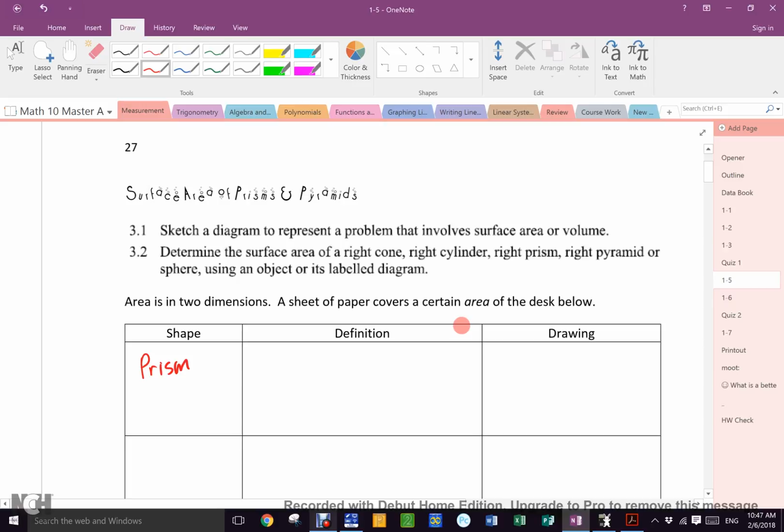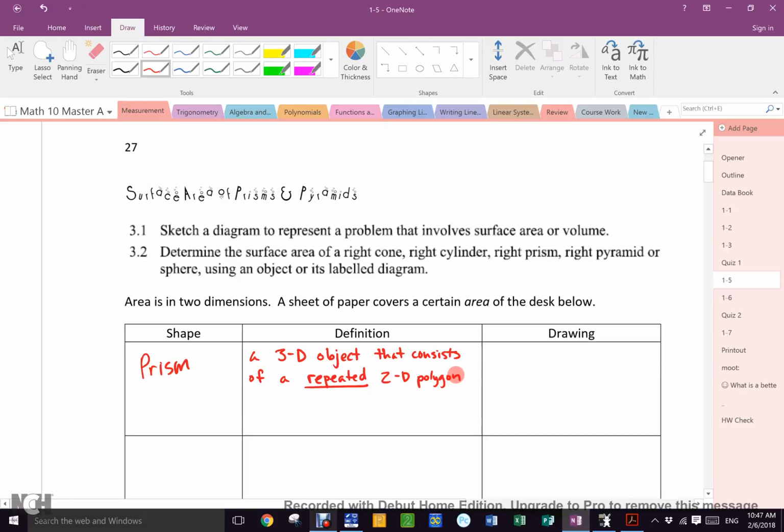Is everybody with me? So a prism must be a 3D object that consists of a repeated 2D, and I'm going to use the fancy math word for shape, polygon.